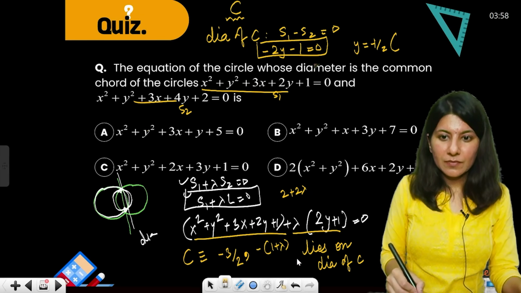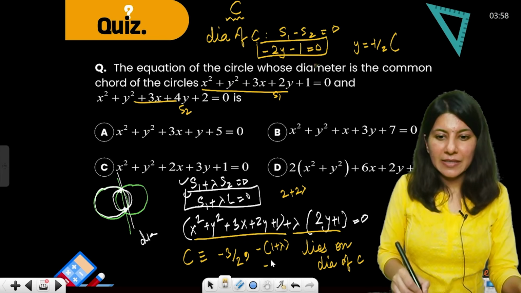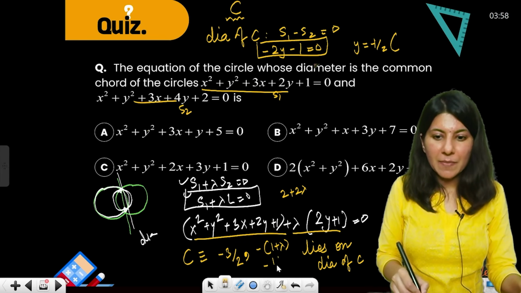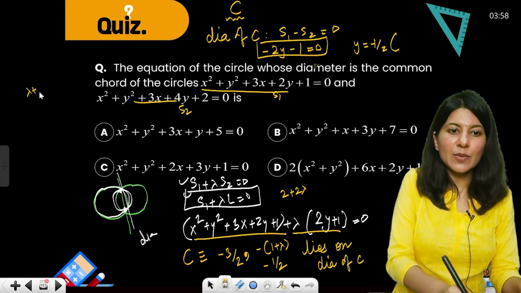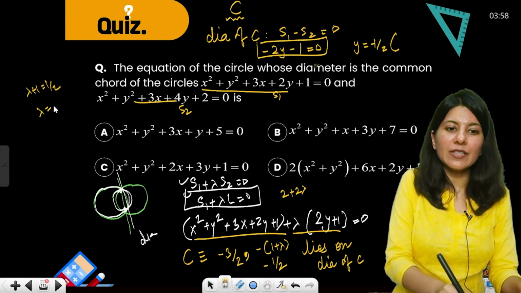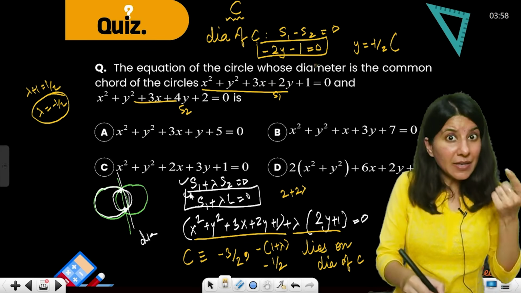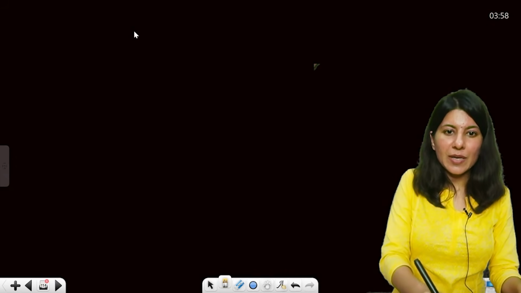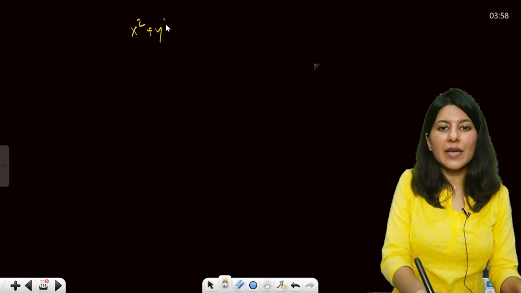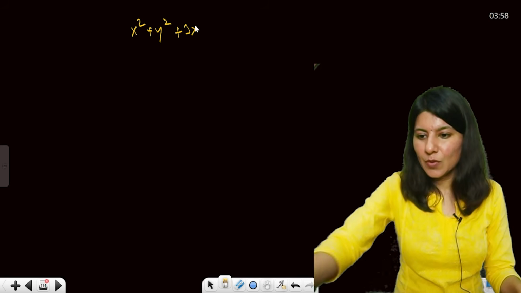So minus of lambda plus 1 will be minus half. Minus minus cancel, lambda plus 1 will give you half. Lambda will be minus half. Now you got it. Now just plug in the value: x square plus y square plus 3x.